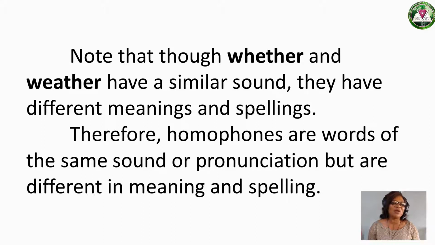Whereas the other weather, which is spelled W-E-A-T-H-E-R, is the condition of the atmosphere of a place at a particular time. So the two have the same sound, but they have different meanings and different spellings.